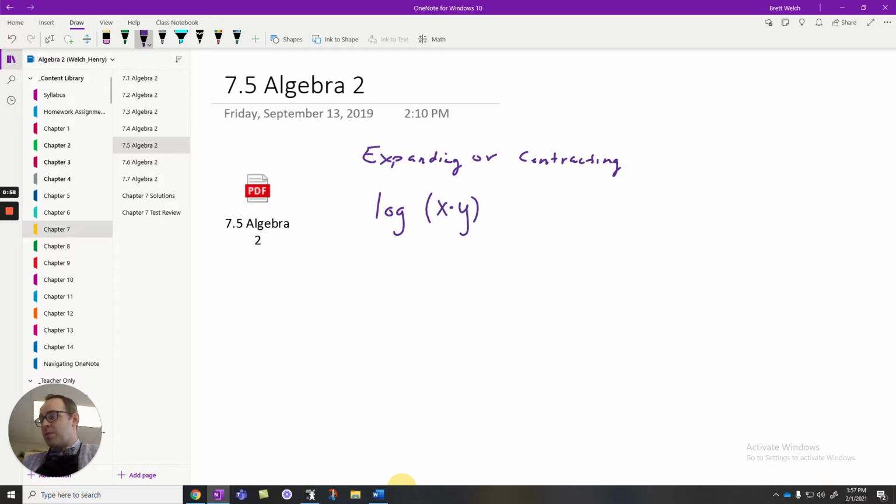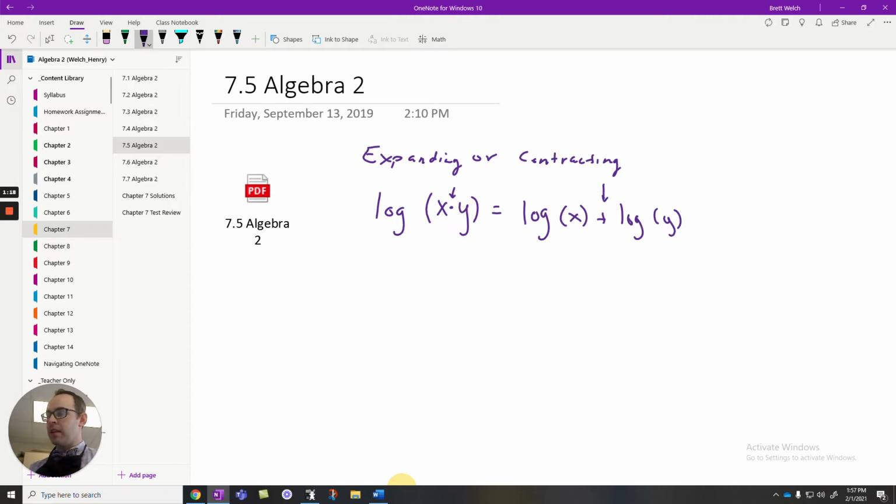Now it can be x times y, but it could also be just two numbers multiplied together. We have found that it is the same thing as the log of x plus the log of y. That is to say that multiplication between terms creates addition between logarithms.